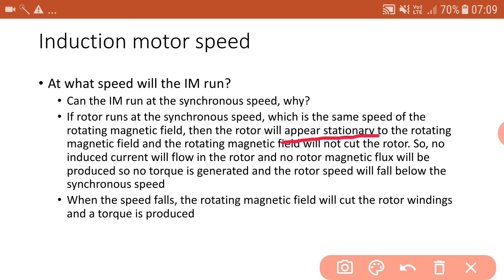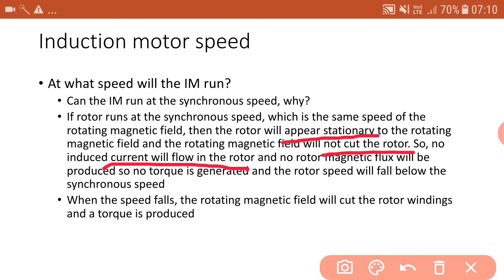It means the rotor will not rotate relative to the rotating magnetic field, and the rotating magnetic field will not cut the rotor. So no induced current will flow in the rotor, and no rotor magnetic flux will be produced. So no torque is generated, and the rotor speed will fall below the synchronous speed.